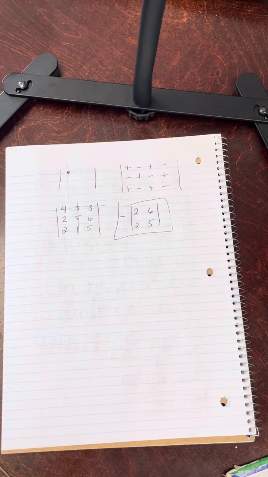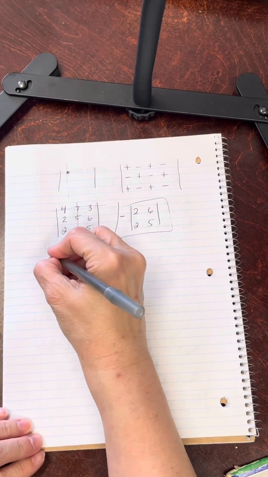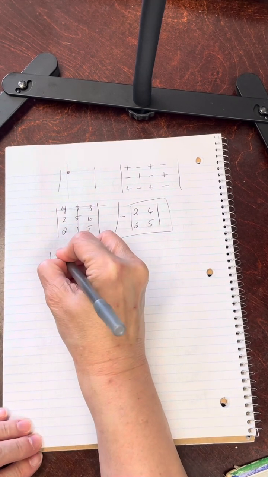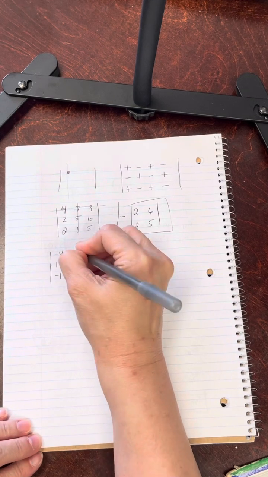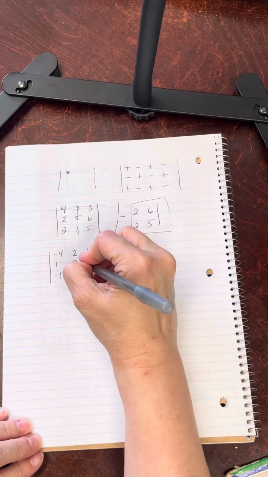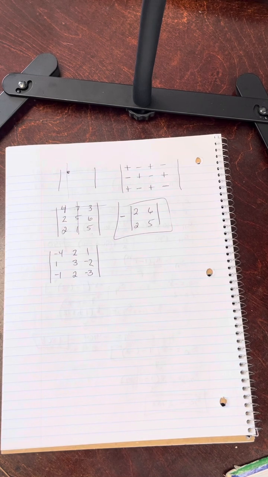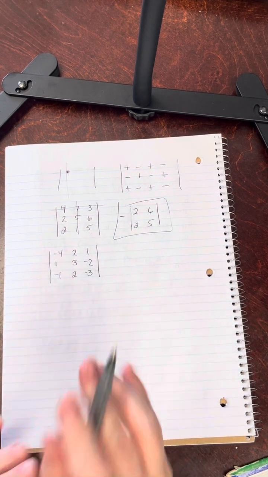Now in part B, the expansion by cofactors, they are going to have us do more of the answer work. So use the cofactors to evaluate, this is example 2, this determinant: -4, 1, -1, 2, 3, 2, and then 1, -2, -3. I have to choose whether I am doing the top row, the middle row, or the bottom, which row I want to eliminate.